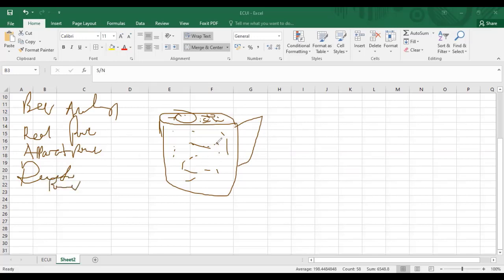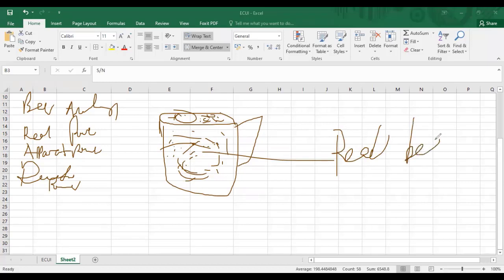Now, this real power represents what you have inside the core below the foaming part. That is the real beer, because that's the real beer. So that is the real power.